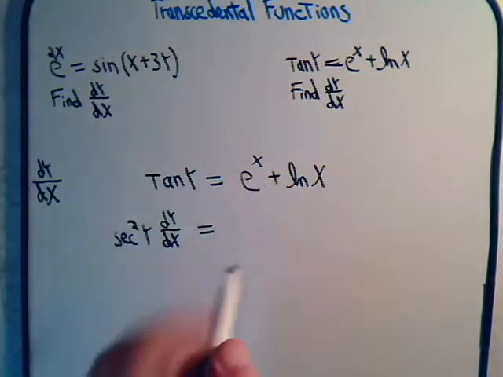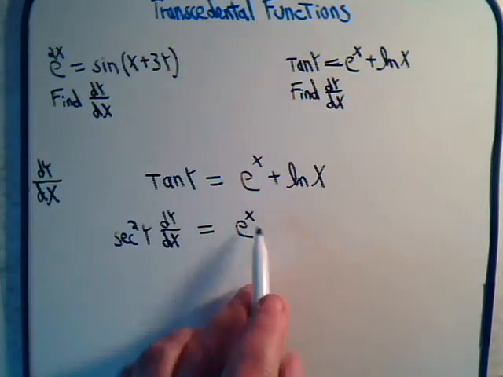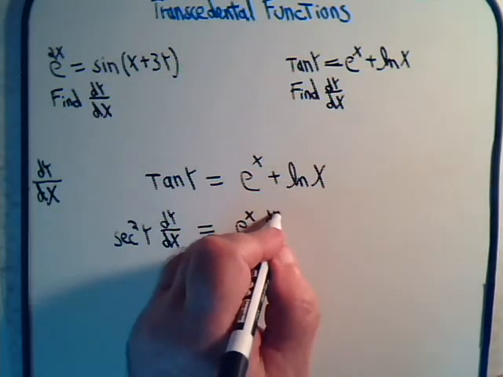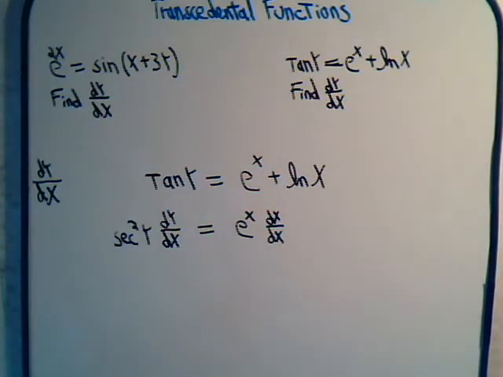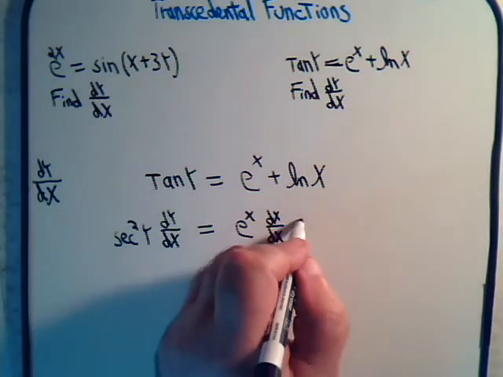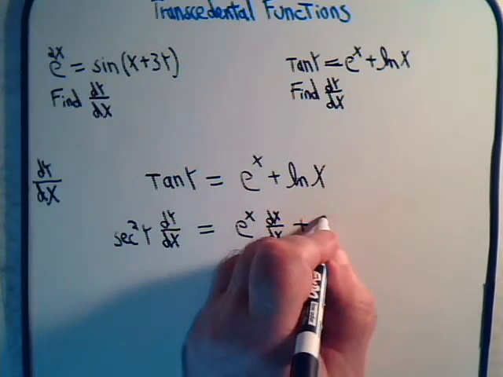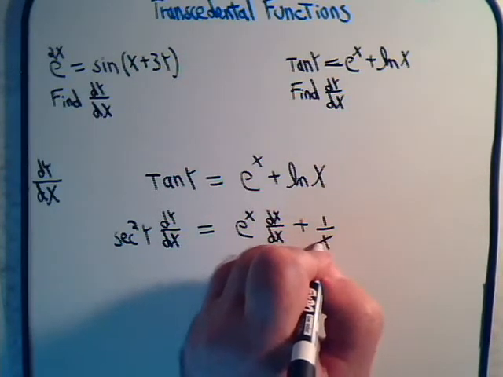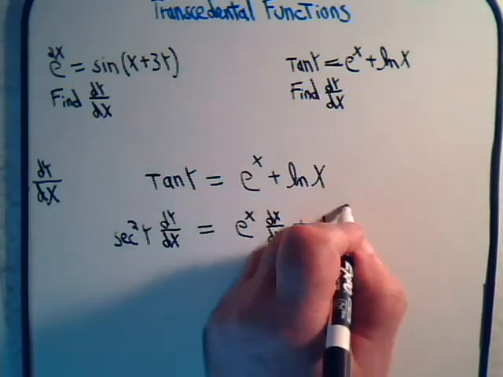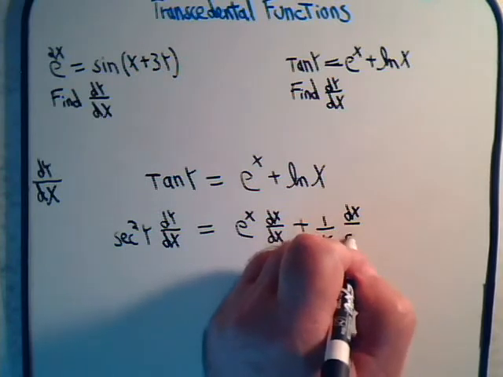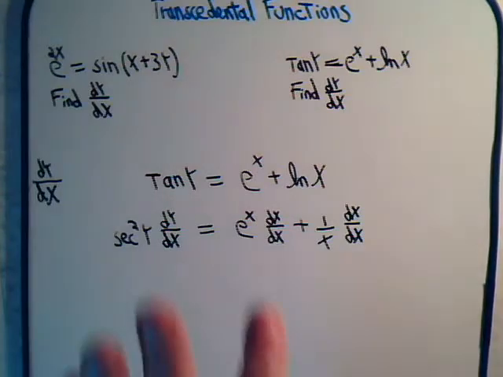And the derivative of that is e to the x times the derivative of this, but that's just dx/dx, that's just 1. Typically we don't write it down. Plus the derivative of this, that's 1 over x. And then it's the derivative of what's inside of here, but again, that's just dx/dx, which is 1. So usually we don't even bother writing these down.